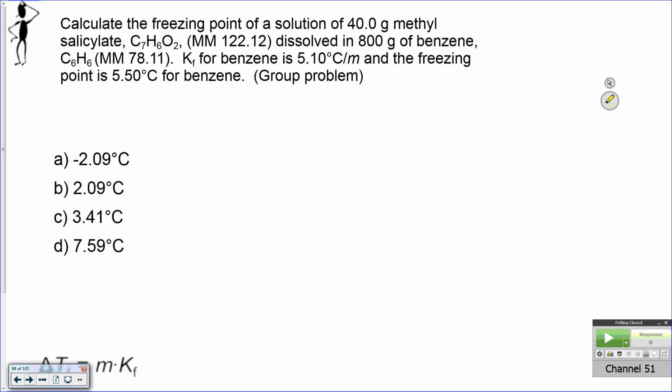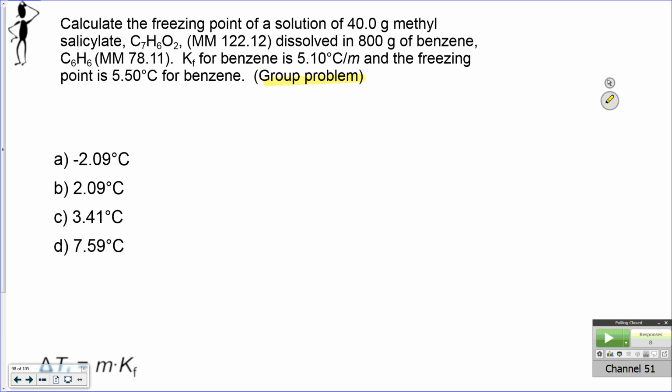Okay, so work on this one together, or do it individually. I want you to calculate the freezing point of a solution that has a certain mass of methyl salicylate in it, and I give you its molar mass, dissolved in 800 grams of benzene.